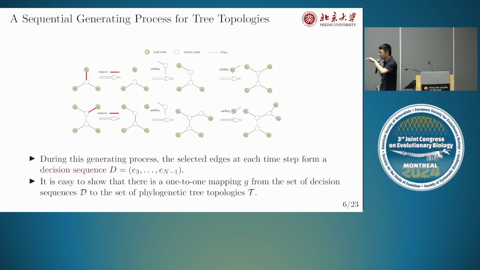During this process, you can transform a tree topology into a decision sequence, that is, the edges you selected during this selection process. Once you have this decision sequence representation of the tree topology, you can easily prove that there's a one-to-one mapping between the tree topology and this decision sequence.